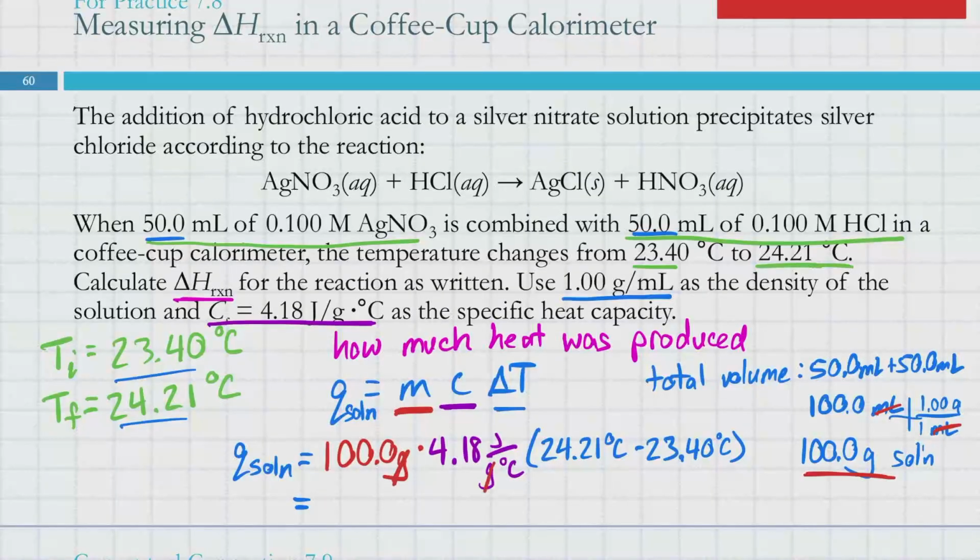Our grams will cancel. Our degrees Celsius will also cancel. And we will get a Q value of 338.58 joules.